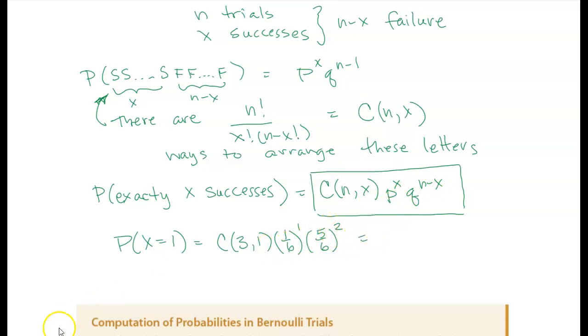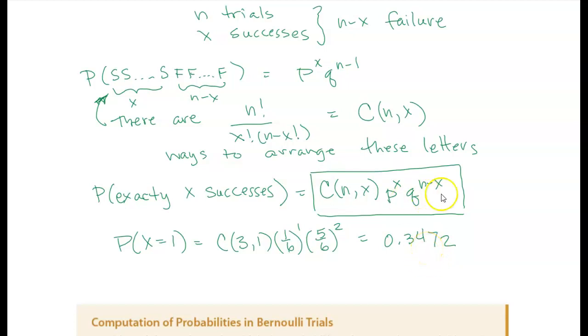Okay. Now, when I put that into my calculator, I get 0.3472, so about a 34.72% chance that we would roll exactly one 6 in 3 rolls of a fair die.